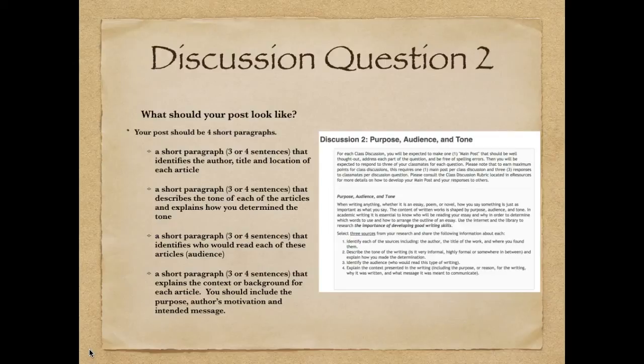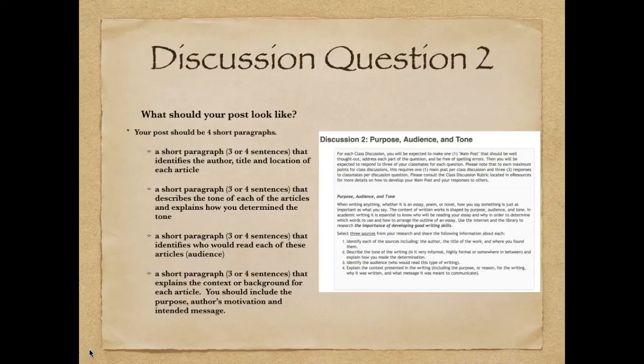And when you're thinking about author's motivation, think about things like, you may read an editorial in a newspaper, and you can tell by the tone and the language in the editorial that the writer was very angry about something. Or maybe you read an article in a magazine and you can tell based on the language and the details and the description that this writer was very excited about something they tried and they want to share with everyone.